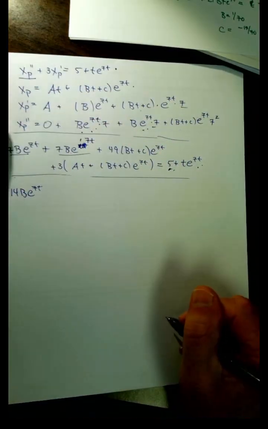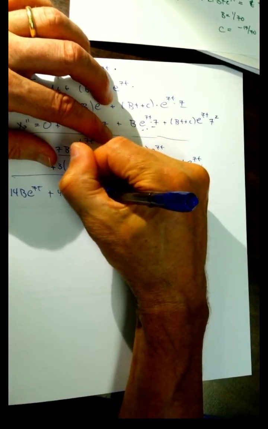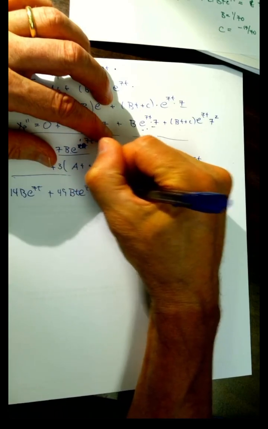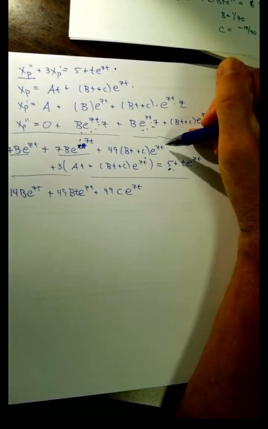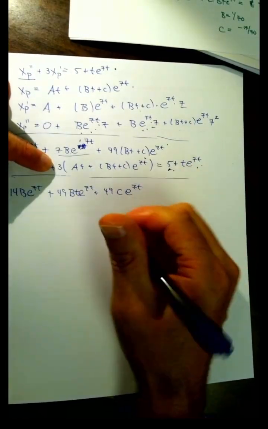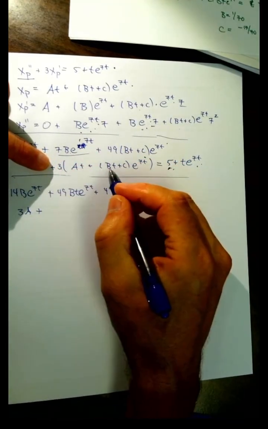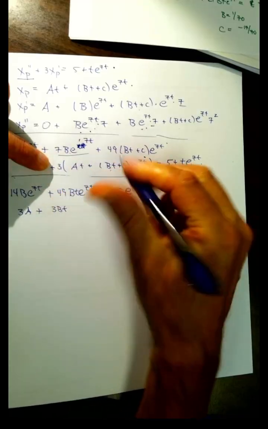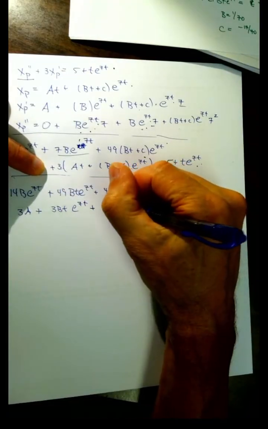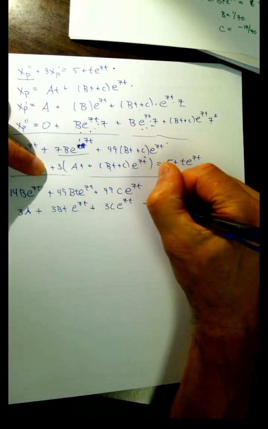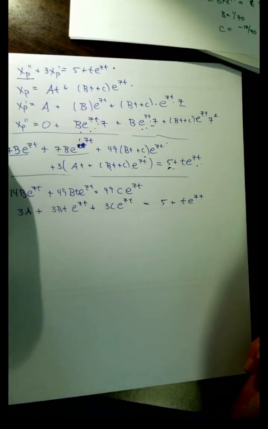I'm going to multiply this through, so I get 49Bt e to the 7t plus 49C e to the 7t. Now multiplying this 3 through, I'm going to get 3A, 3Bt e to the 7t, and 3C e to the 7t, all equals, leaving the right-hand side alone, 5 plus t e to the 7t.